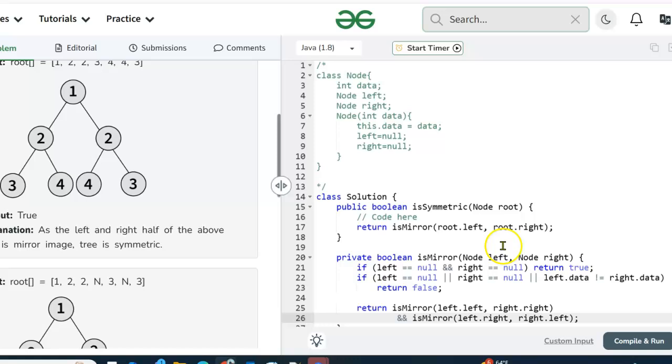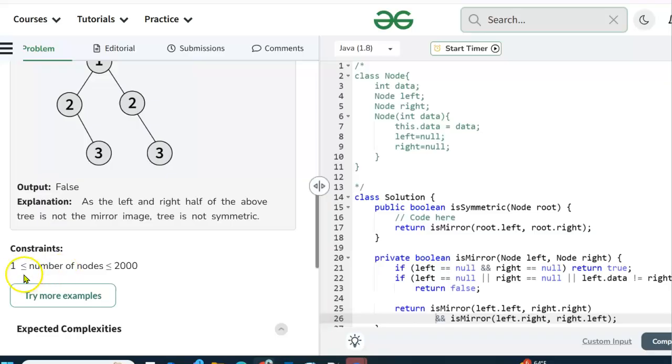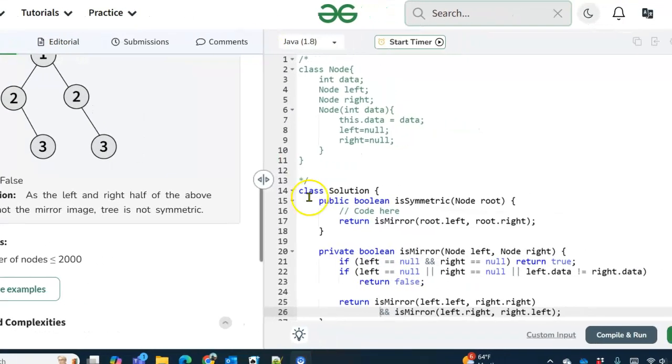So what we would pass in is the left node and the right node. We're guaranteed with the constraints here that there's at least one node, so we don't have to check anywhere whether the root being passed in is null, because we are assured that it isn't.